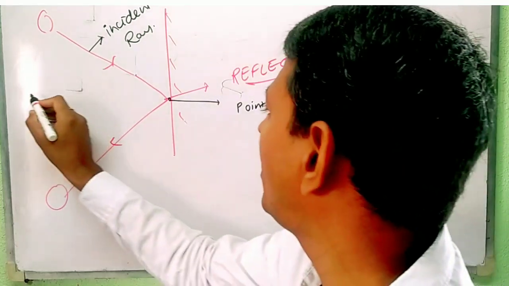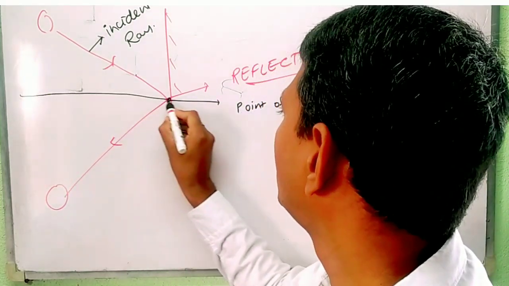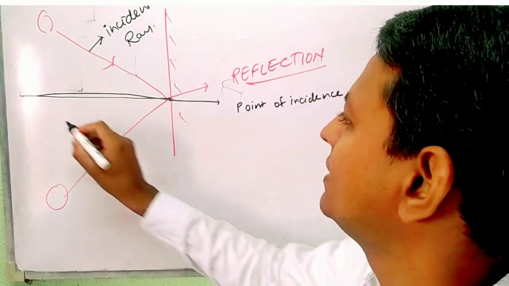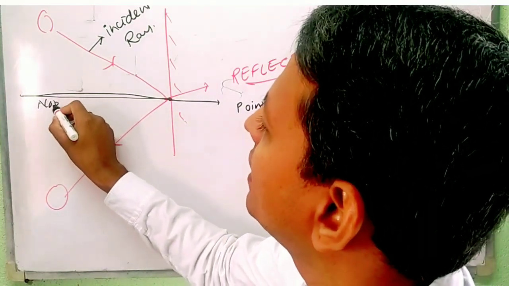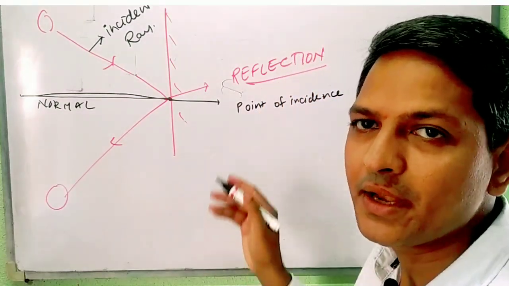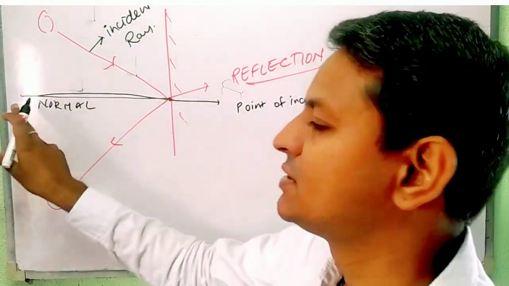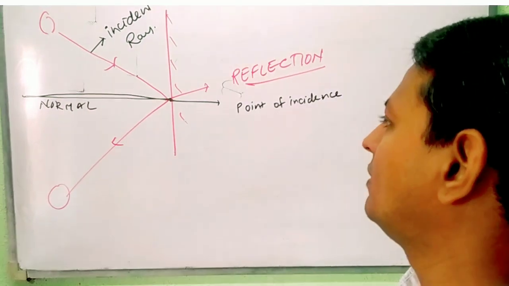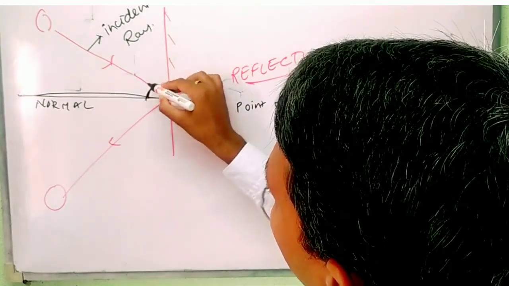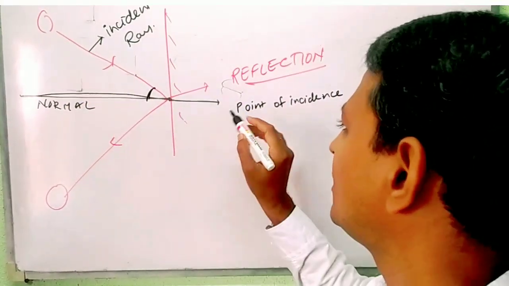If we draw a normal, an imaginary line making 90 degrees to the plane at the point of incidence, that is called the normal. The incident ray makes an angle with the normal.